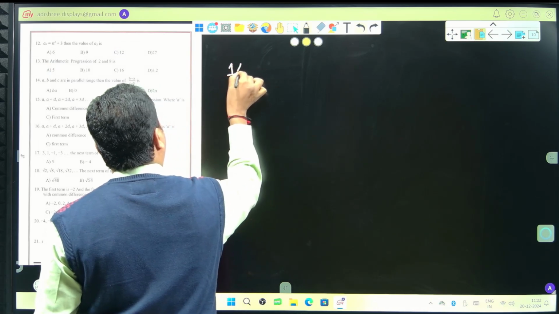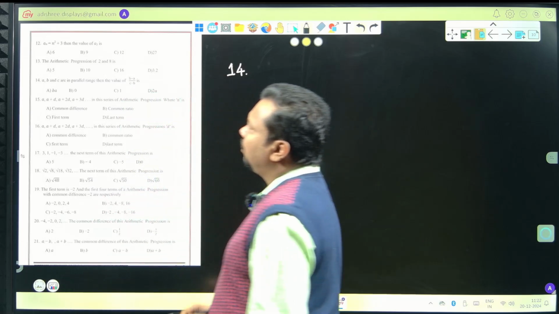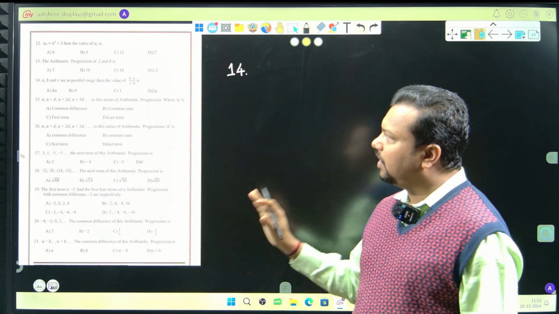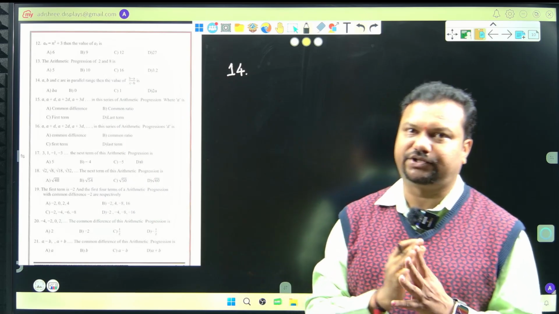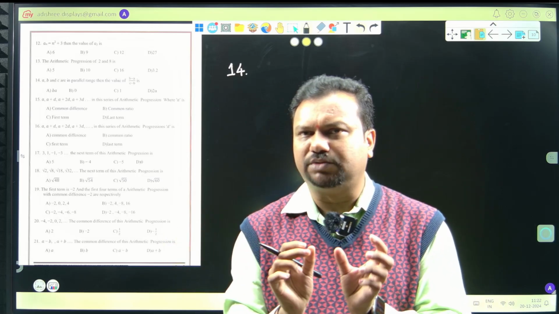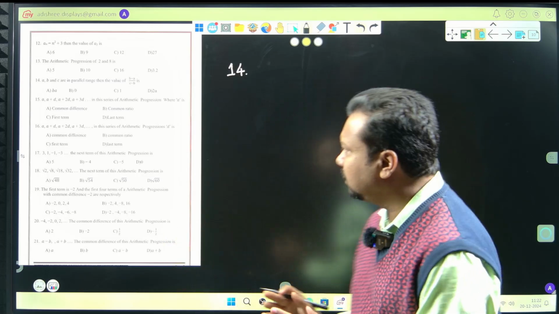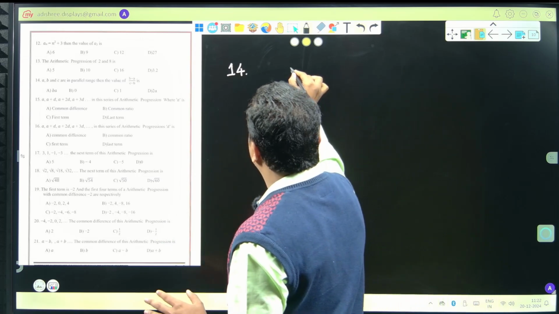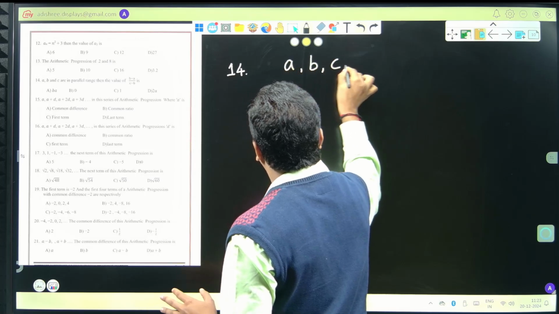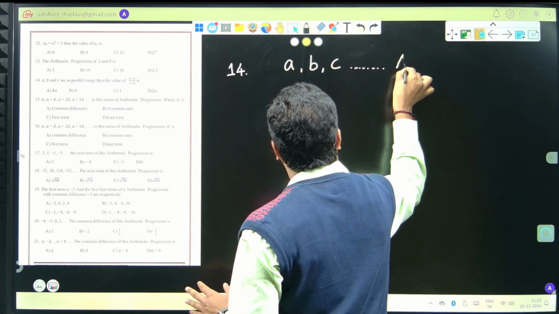If A, B and C are in arithmetic range, I repeat, if A, B, C are in arithmetic range, when I say that, the distance between these two terms remains the same. Hence, I can write that A, B, C are in AP.